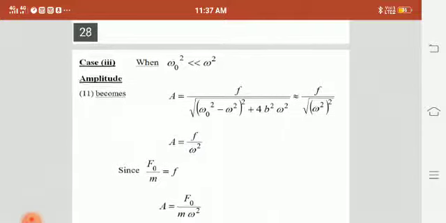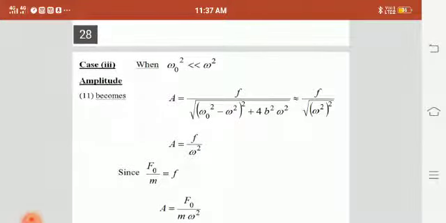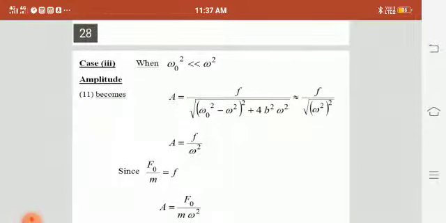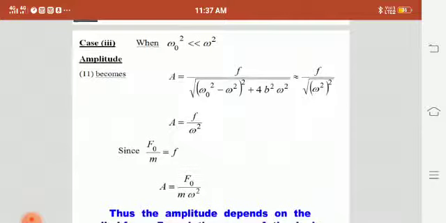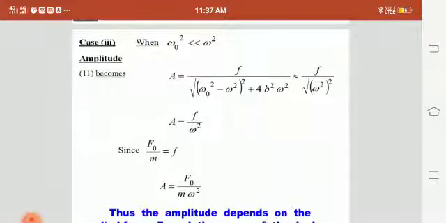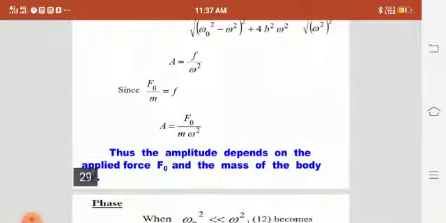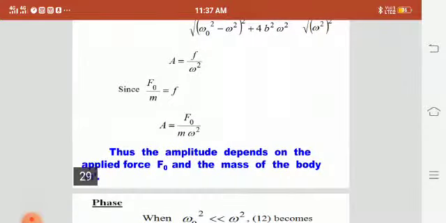Now we'll see case number 3, that is, ω₀² is lesser than ω², that is, the natural frequency is lesser than the driving frequency. In this case the amplitude becomes A = F₀ divided by mω². So the amplitude depends on the applied force F₀ and the mass of the body.